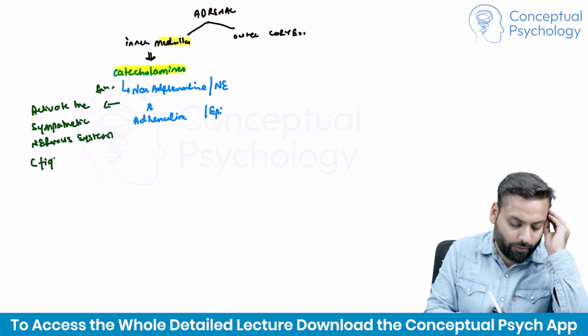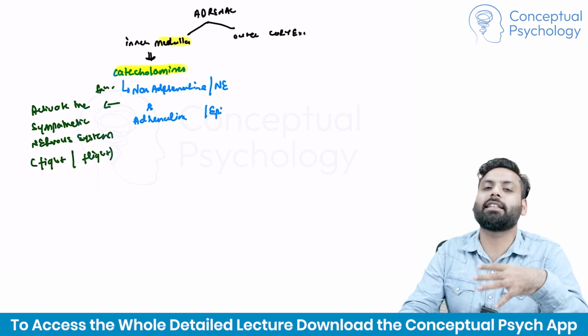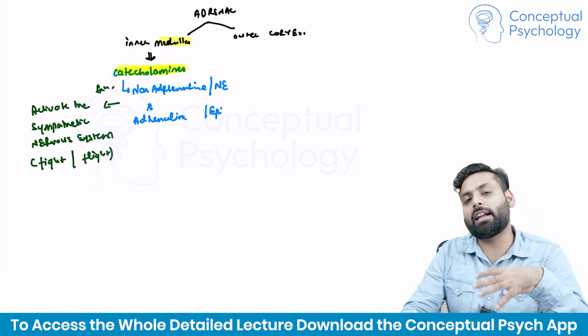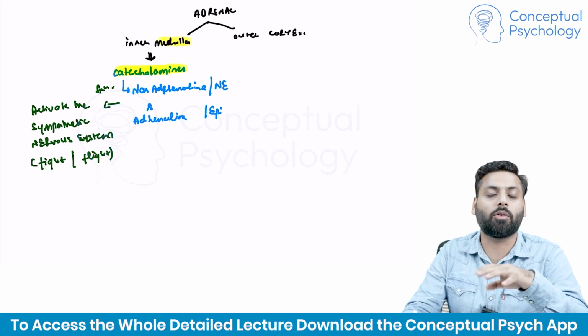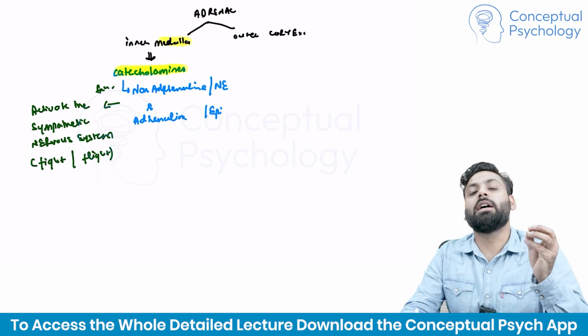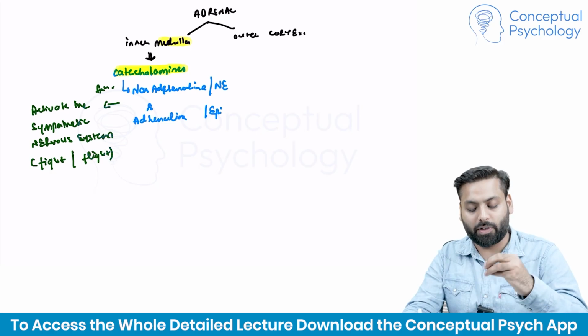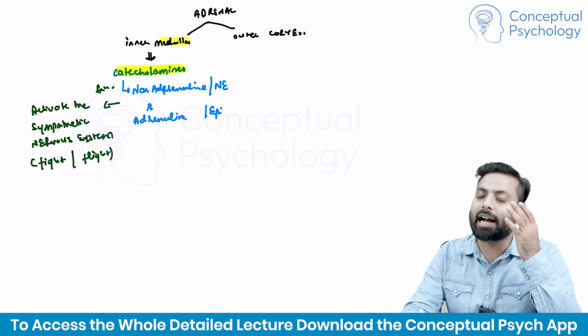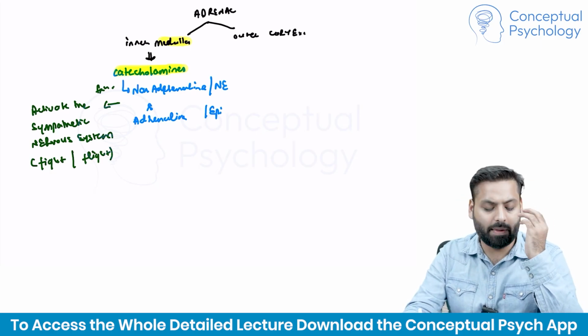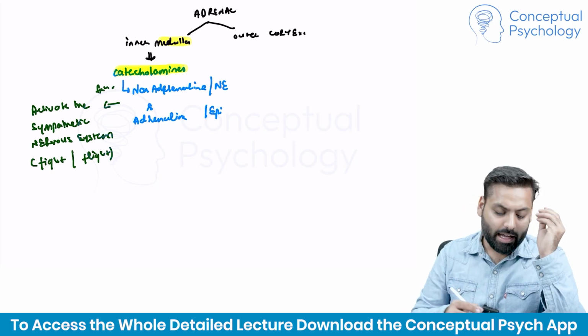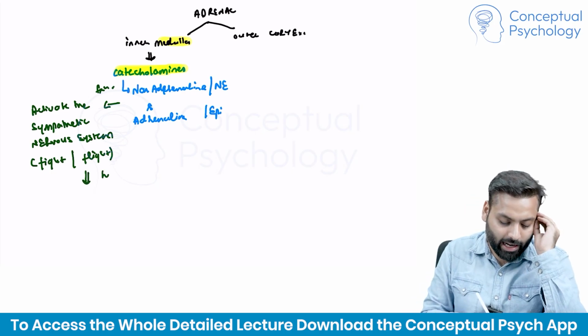In situations of fight or flight. A dog is running after me. Either I can fight, or I can take flight, run away. So the inner medulla releases catecholamines, norepinephrine and epinephrine, and this will activate the sympathetic nervous system, the fight or flight mechanism.